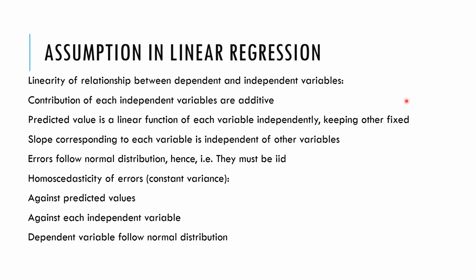They should not follow any particular pattern, because that is what homoscedasticity means. It means the variance should be constant. If the variance is constant, and we plot the errors on the y-axis against the predicted value or independent variable on the x-axis, the scattered data should follow a random pattern. It should not follow any particular pattern. It should be random.